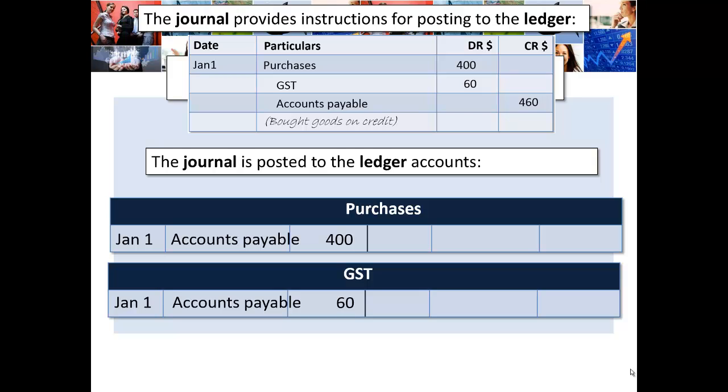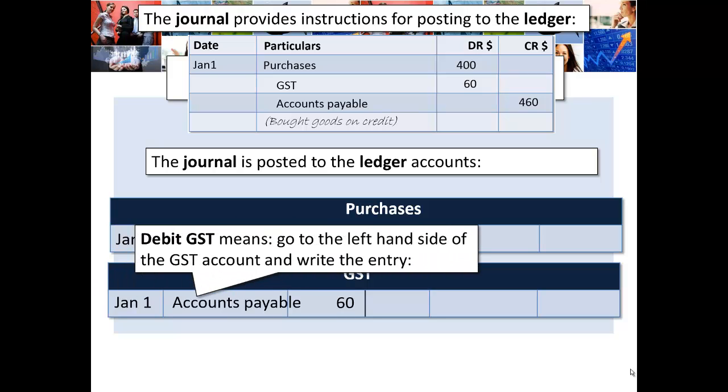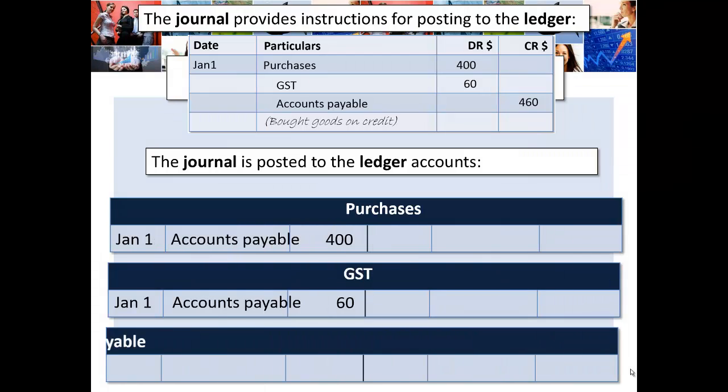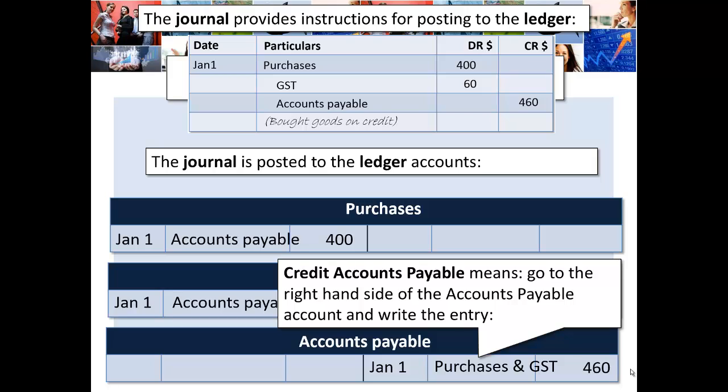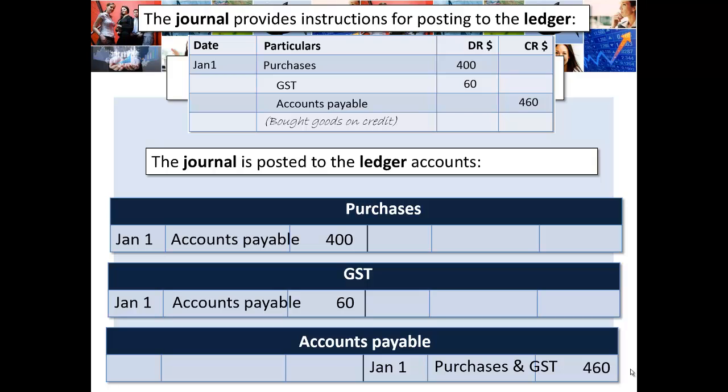GST is included in the purchases, so GST is on the debit side as well. And our accounts payable include purchases and GST, $460. That liability has increased, $460. Must be credit.